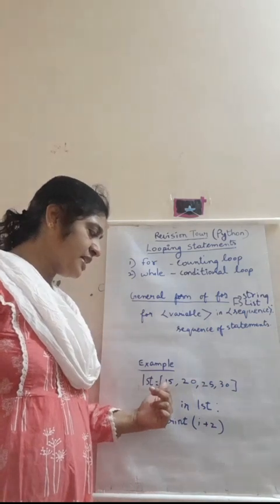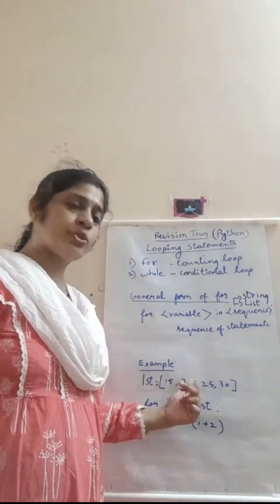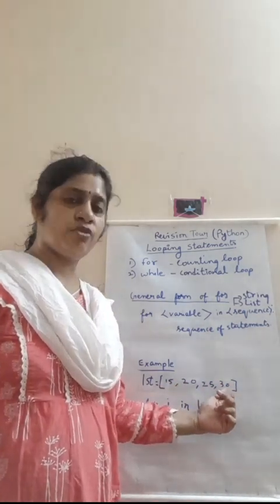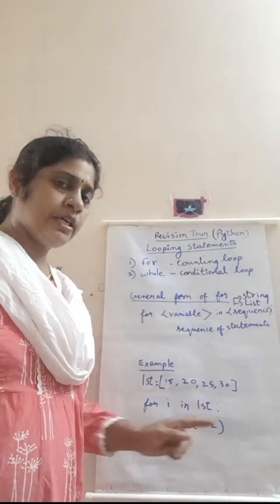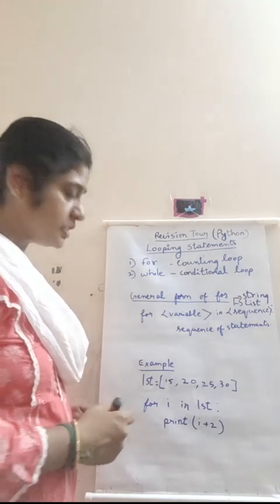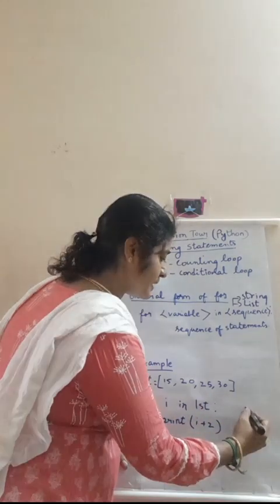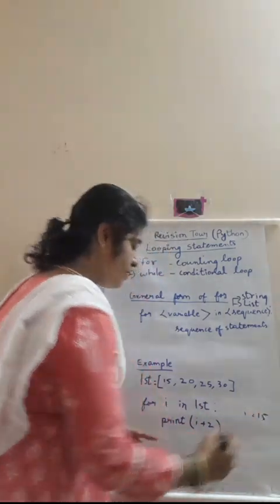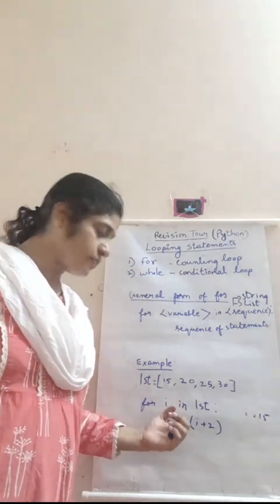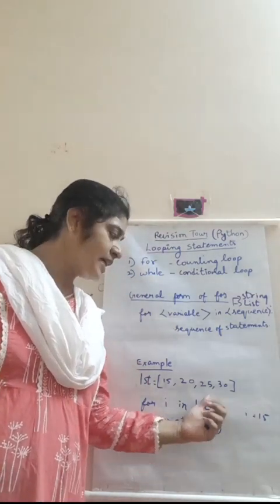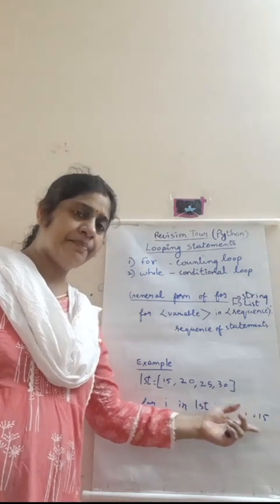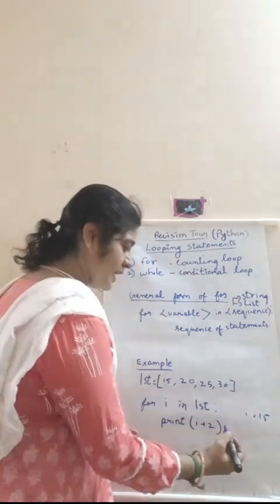The first element is 15, the second is 20, the third is 25 and the fourth is 30. So for i in list, the first value of i will be 15. For i in list, print i plus 2. That is, 15 will get added to 2 and it will print.